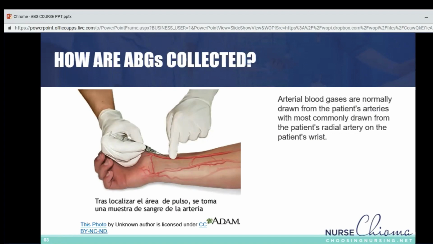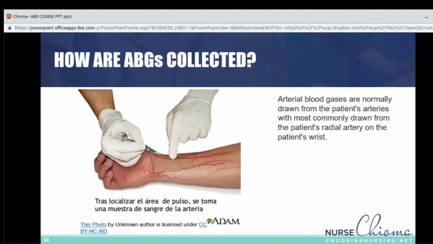Okay, so here's the thing. I have never had to draw ABGs before. Usually, ABGs are not collected by you. It may depend on the facility where you work, but normally the respiratory therapist is supposed to draw the ABGs because, like I said, it has to do with oxygenation levels.